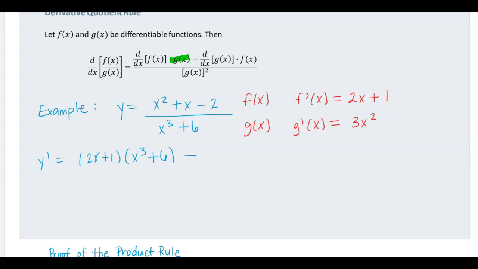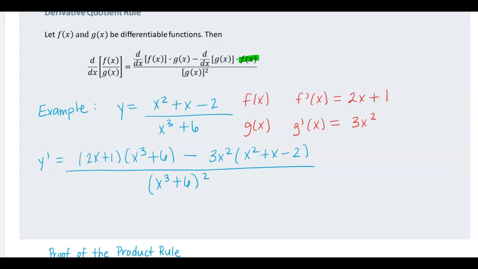Then we subtract the derivative of the denominator, so that's 3x squared, multiplied by the numerator, x squared plus x minus 2. And then that whole thing is over the function in the denominator squared.